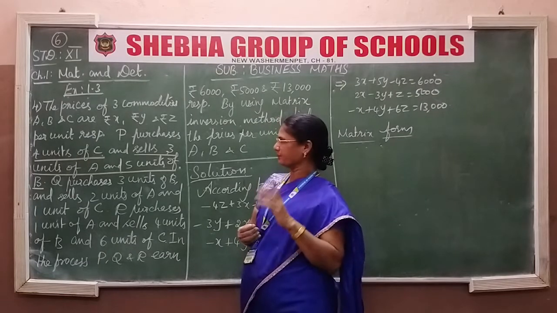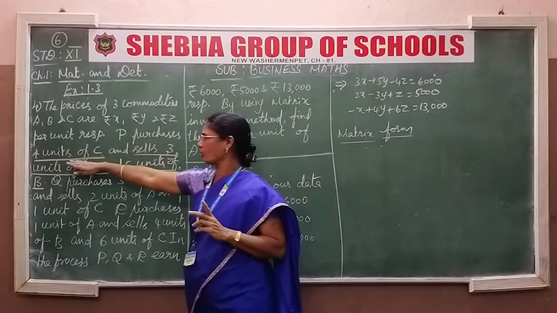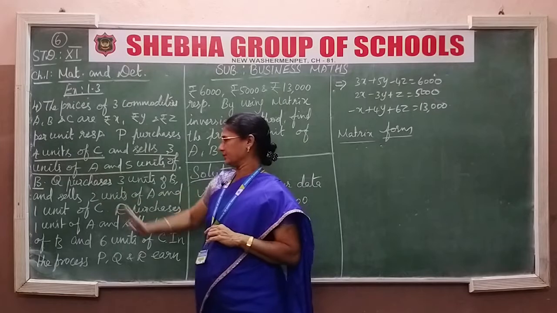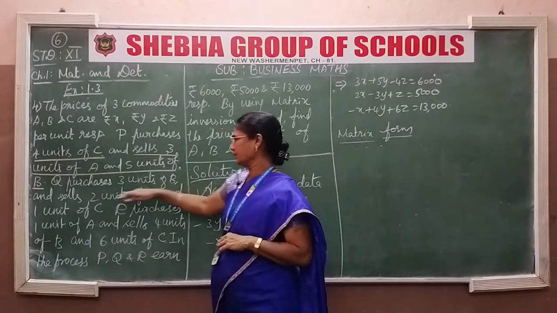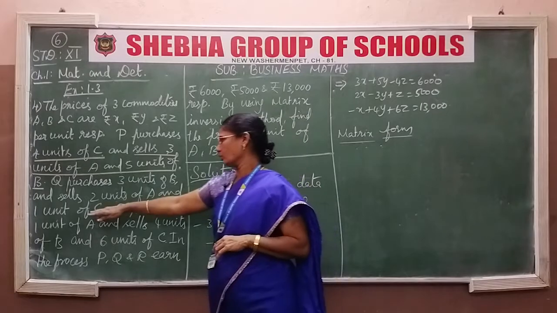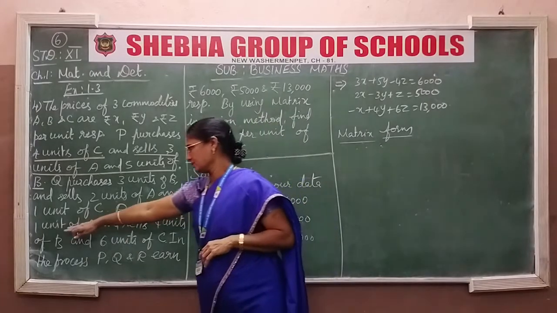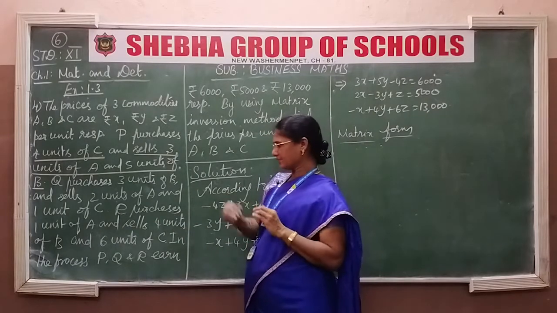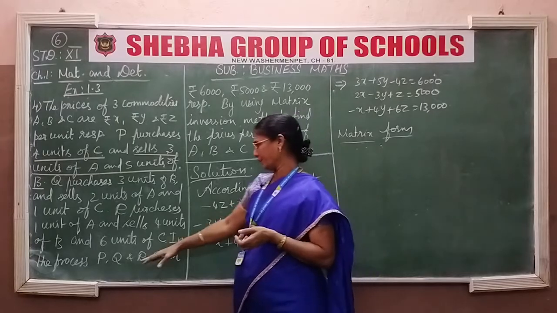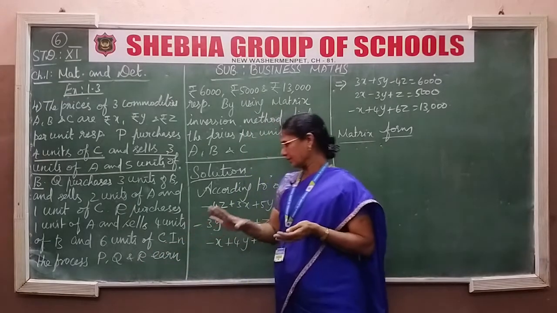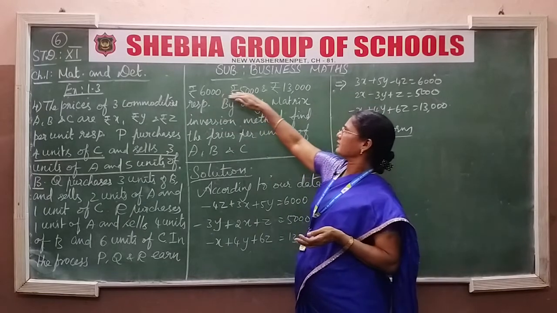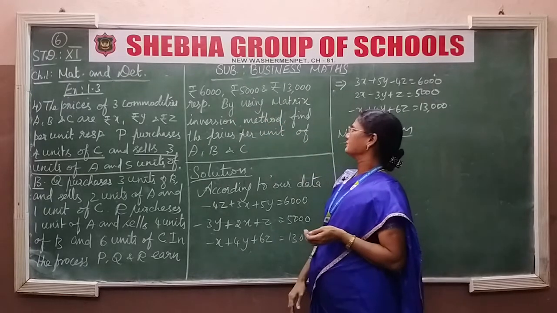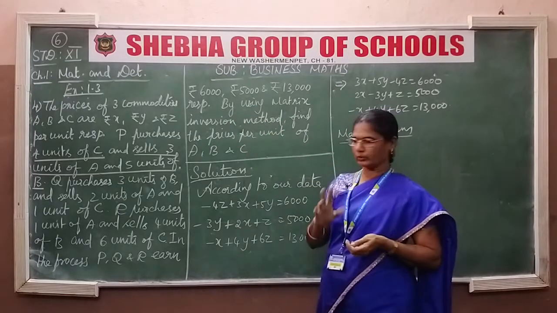P purchases 4 units of C and sells 3 units of A and 5 units of B. Q purchases 3 units of B and sells 2 units of A and 1 unit of C. R purchases 1 unit of A and sells 4 units of B and 6 units of C. In this process, P, Q and R, those three persons earn rupees 6,000, 5,000 and 13,000 respectively. By using the matrix inversion method, you have to find the prices per unit.